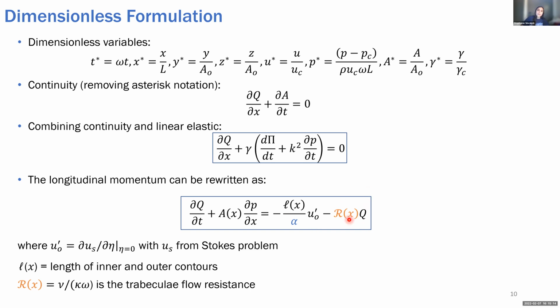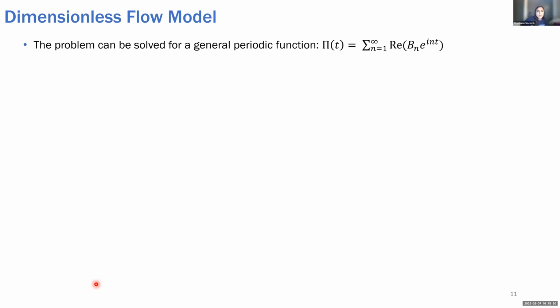And this resistance is a function along the canal, or can be, which is dictated by the permeability, or kappa in this case, and our viscosity and angular frequency. So this is where I'm going to skip through a lot of the math, but basically we can solve that by substituting in Fourier expressions for our ICP.